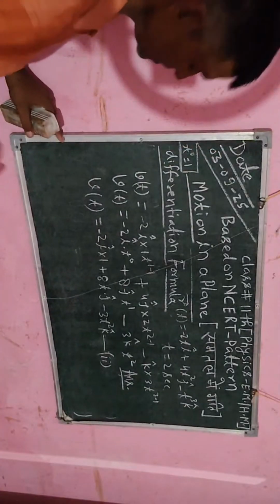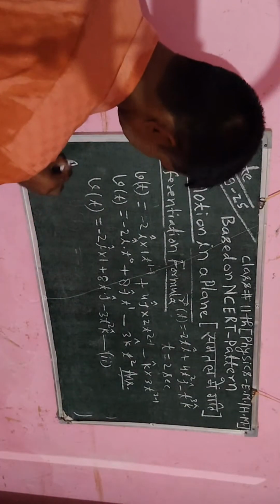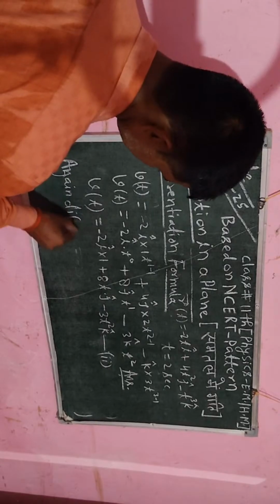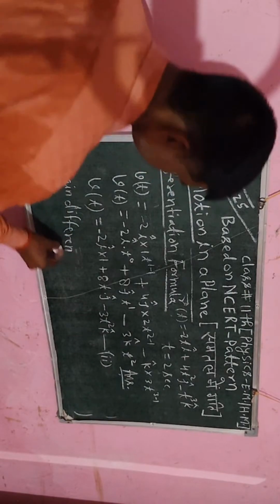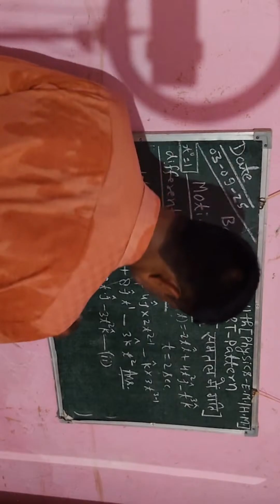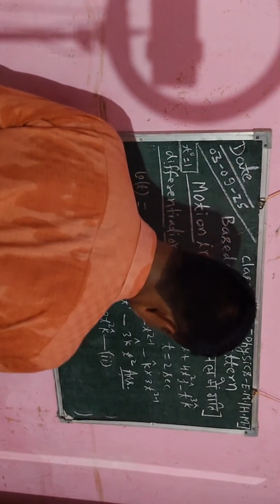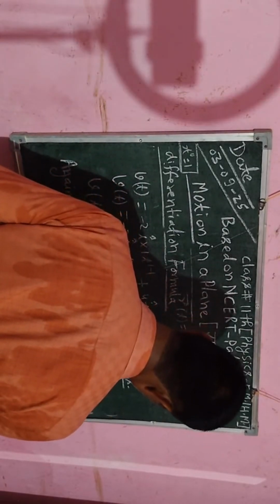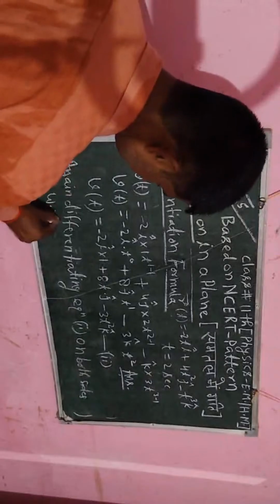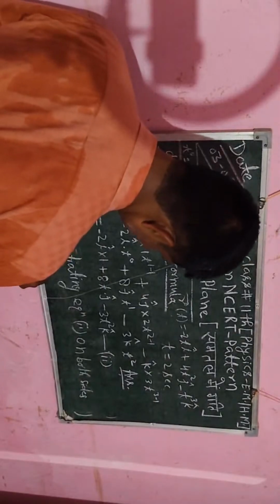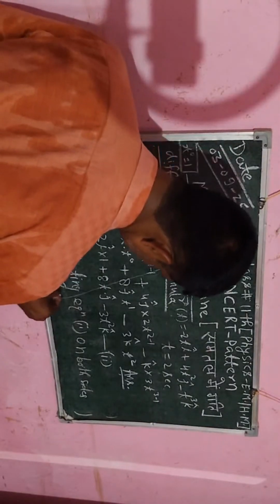Again I will write one statement, and that statement will be: again differentiating equation number 2 on both sides with respect to t, we get.